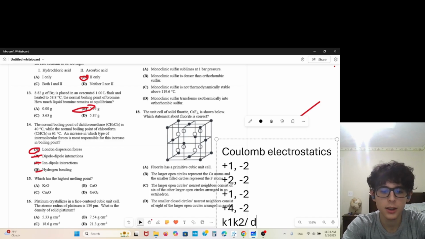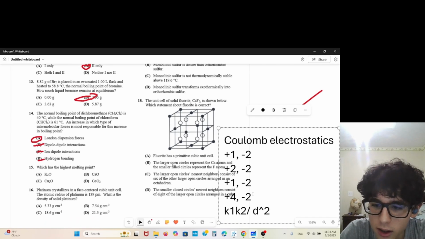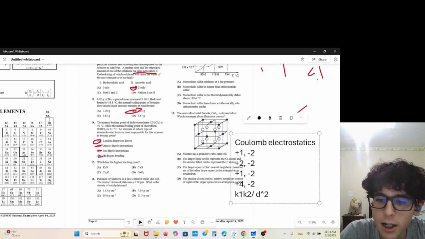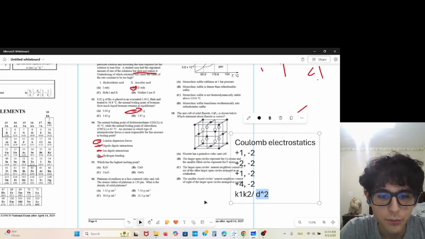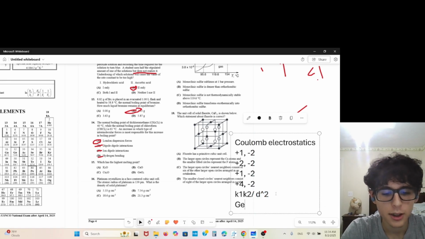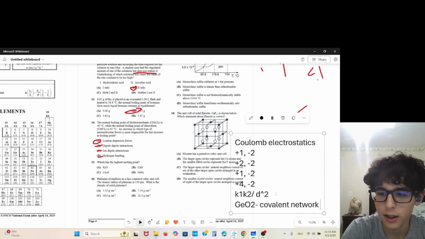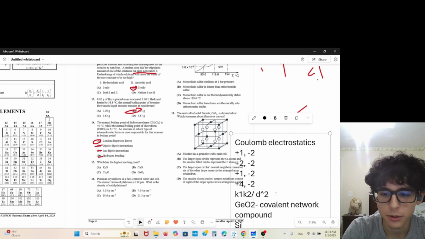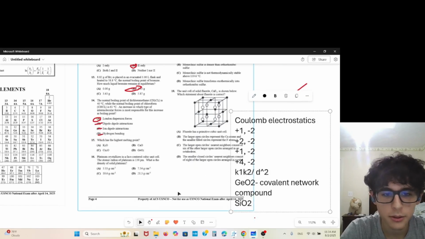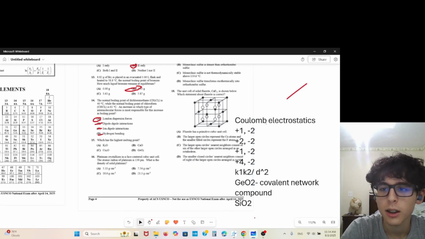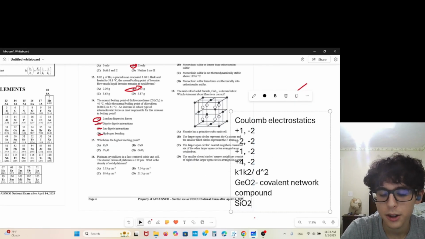You have your charges and then your distance for Coulomb's law. GeO2 is actually a covalent network compound, like SiO2. I see what they were doing with this problem, right? You're going to have a lot of these. Graphene is one.